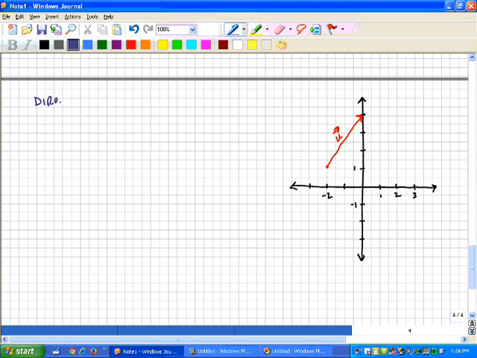Of a vector u. Another thing we need to know is what's called the direction angle of a vector u.